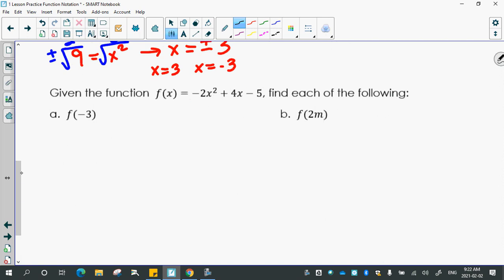Given the function, it's quadratic again, f of x equals negative 2x squared plus 4x minus 5. Find each of the following. Okay, so try f at negative 3 on your own. You should like to try that.